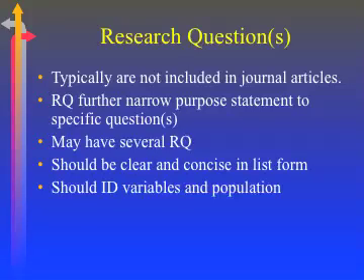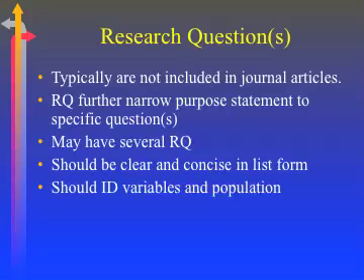As with our purpose statement, the research question should be clear and concise, meaning that it should be direct to the point and very, very specific, as the purpose statement was in part 1. Our research question is going to be very specific, and we typically want to use a list format.